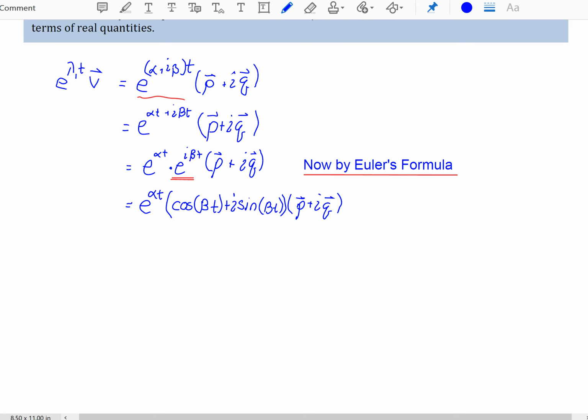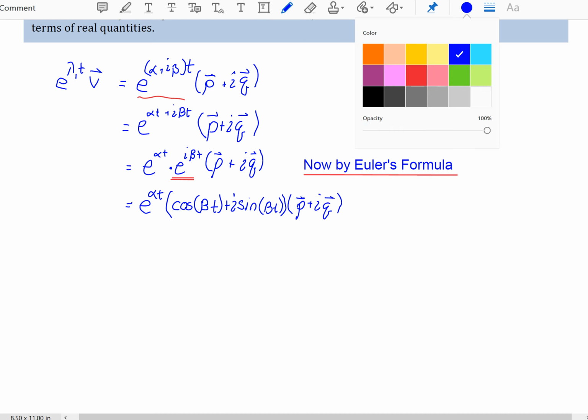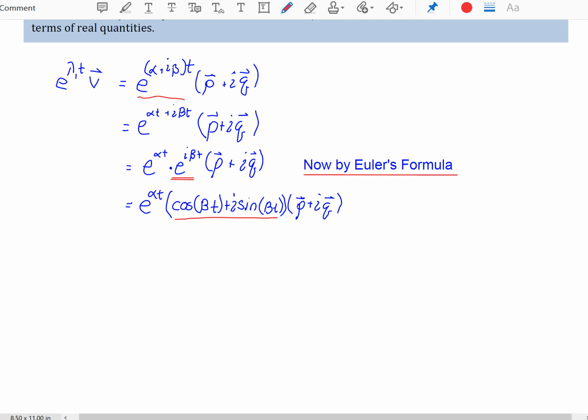And now what I would like to do is distribute or FOIL these two parentheses terms. So we'll do our normal distribution. The cosine times the p term, the cosine times the iq term.